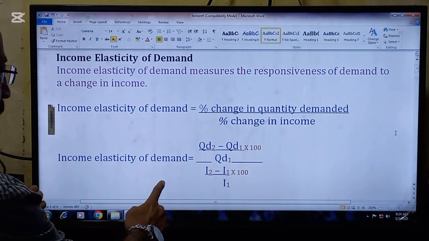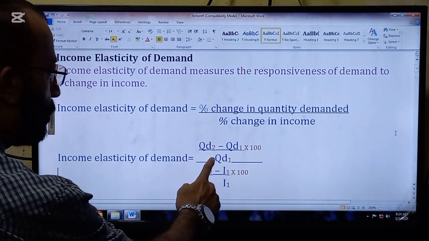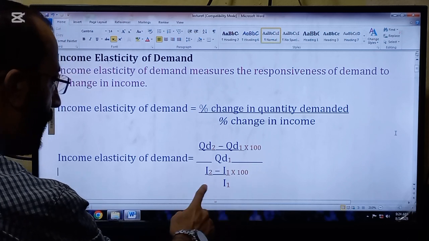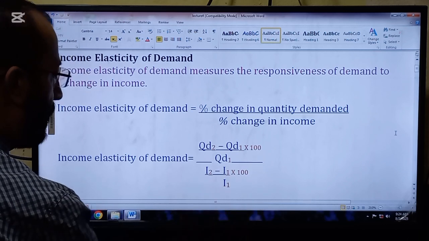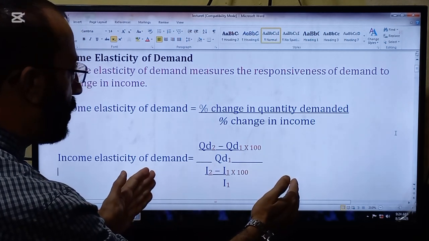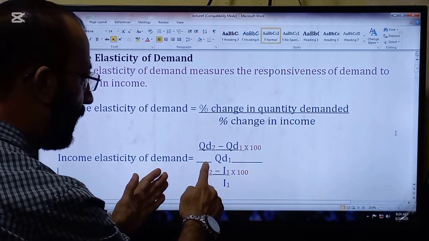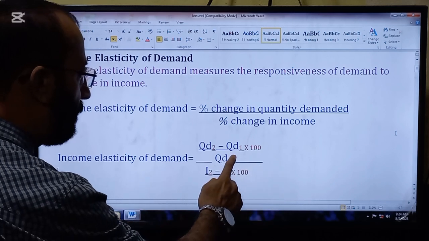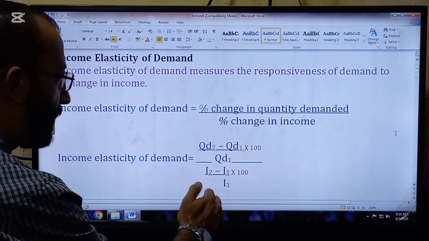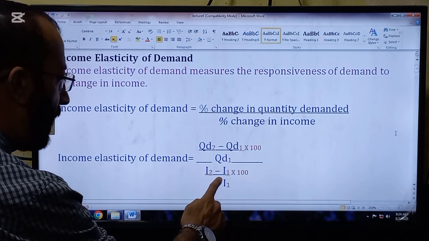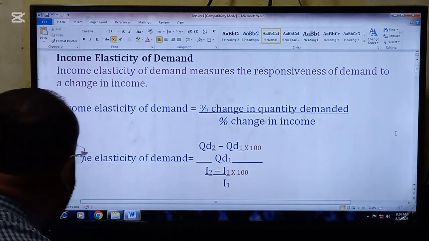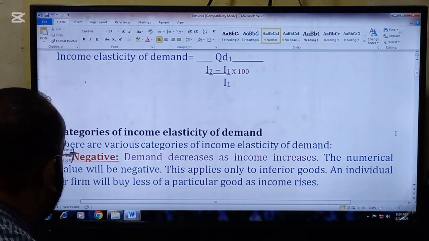Income elasticity of demand is equal to QD2 minus QD1 over QD1 multiplied by 100, over I2 minus I1 over I1 multiplied by 100, where QD2 is the final quantity demanded of the commodity, QD1 is the initial quantity demanded of the commodity, I2 is the final income, and I1 is the initial income. So this is the formula for the income elasticity of demand.